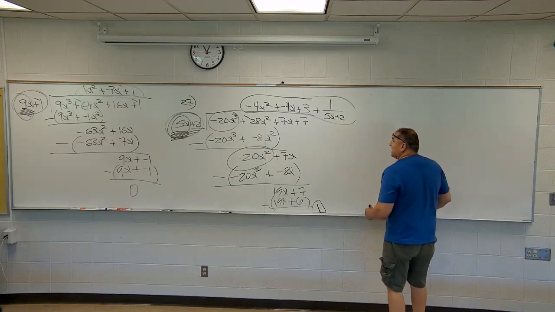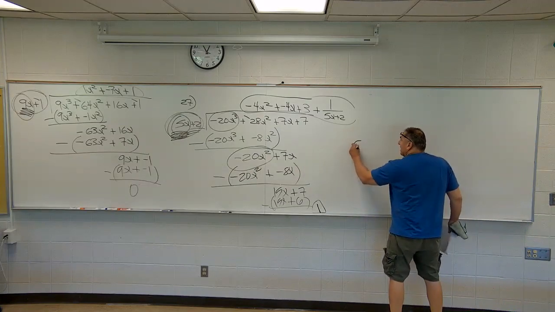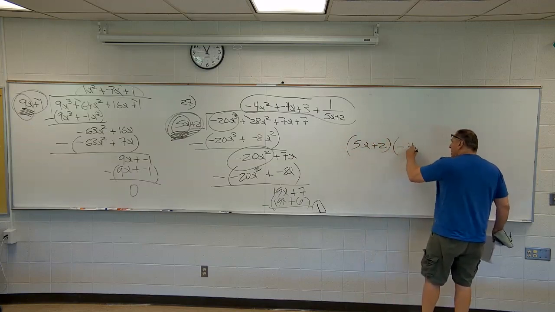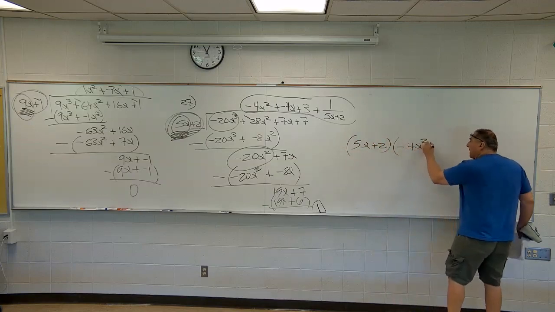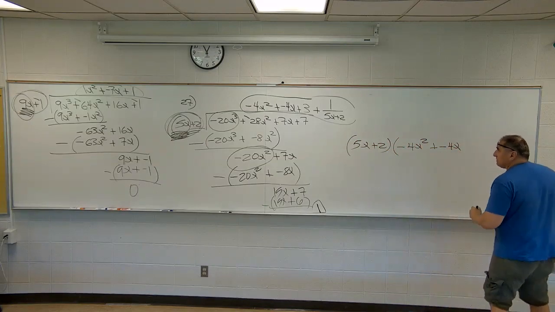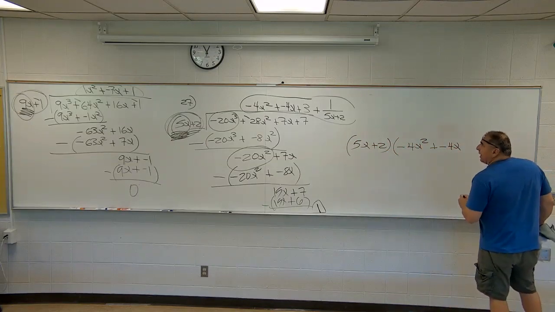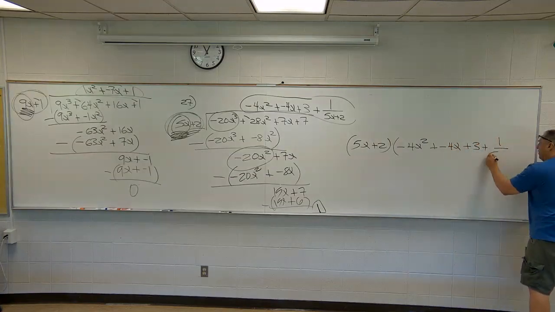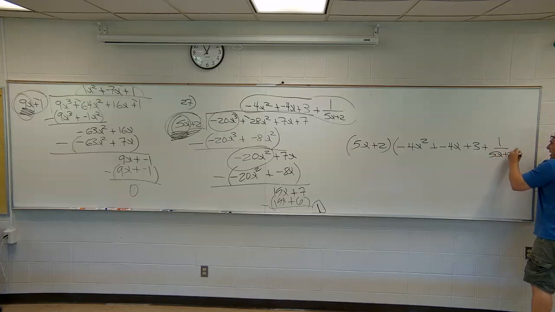There it is. If you were to take the 5x plus 2, the divisor, and multiply it with the quotient, negative 4x squared, negative 4x plus 3 plus 1 over 5x plus 2.